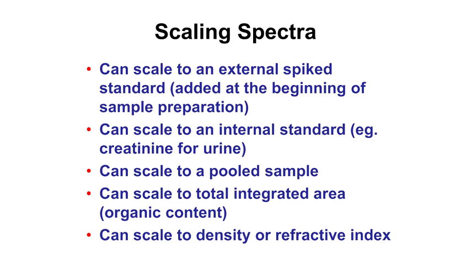And this corrects for, again, dilutions or concentration events. Or what's even simpler than that is you can scale to density or refractive index. And there are simple and inexpensive pieces of equipment that can measure refractive index or density. And again, this helps you to ensure that all of your concentrations have been properly adjusted so that the set of spectra you're working with is roughly comparable.